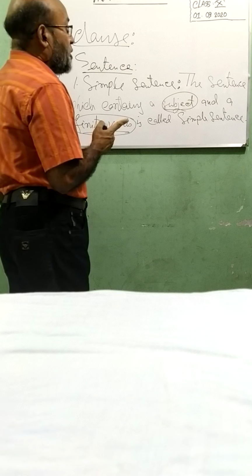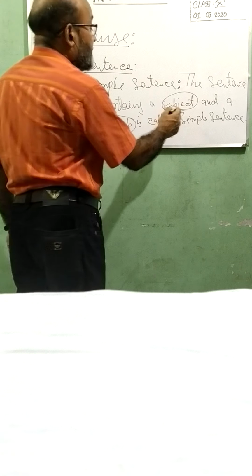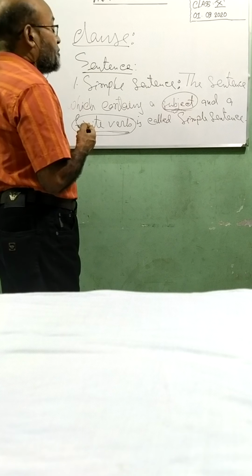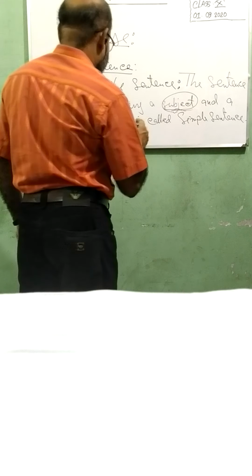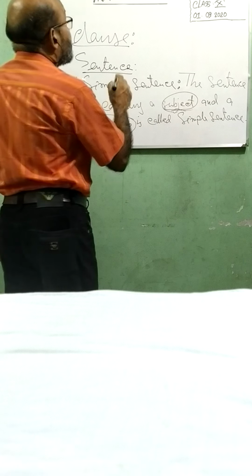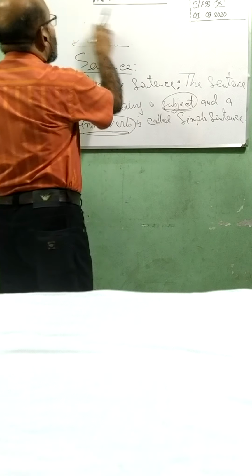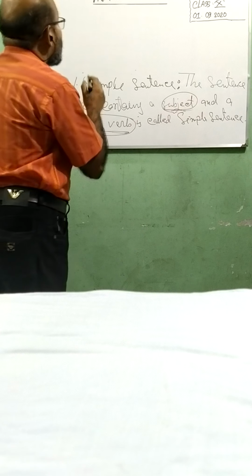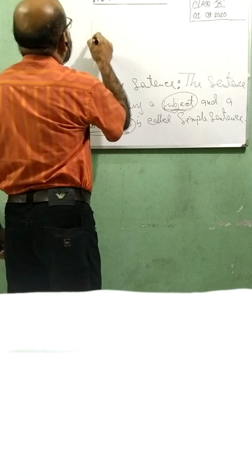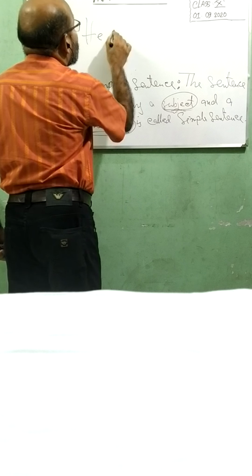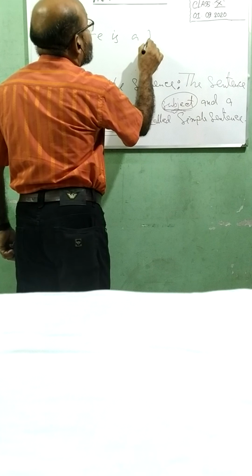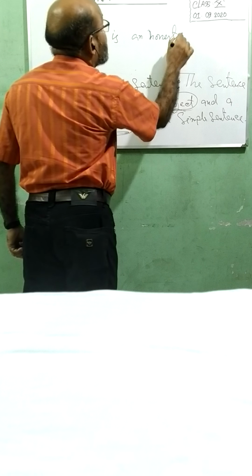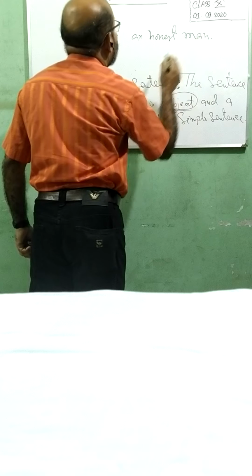If a group of words contains a subject and finite verb, then it will be a simple sentence, such as: He is an honest man.